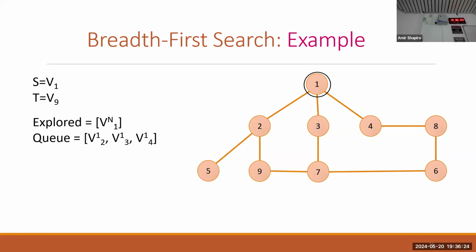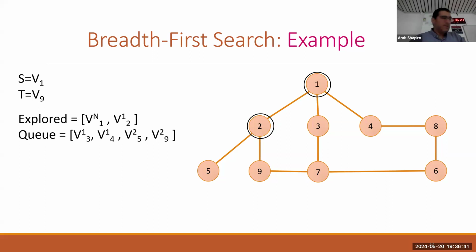Now in the queue, we take the oldest one. Not the last one as before, but the first one, which is 2. So we take 2, we put it into explored, and then add its neighbors, which are 5 and 9, into the queue. So we add from here and take from here.